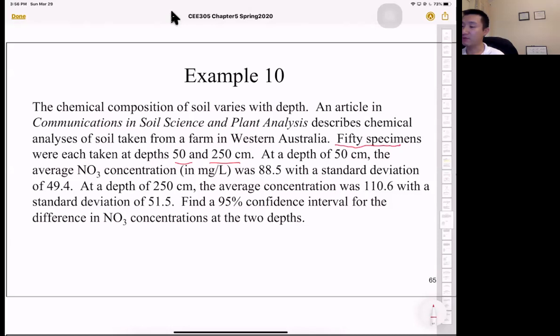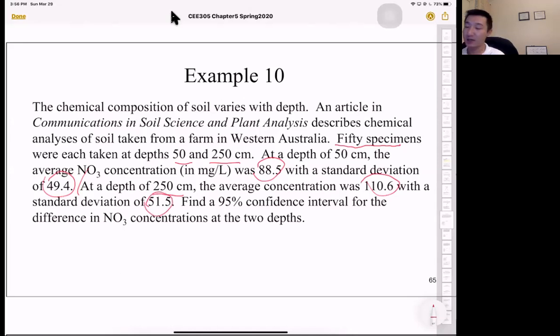At a depth of 50 centimeters, the average NO3 concentration was 88.5 with a standard deviation of 49.4. At the other depth, the average is this, with a standard deviation of 51.5.